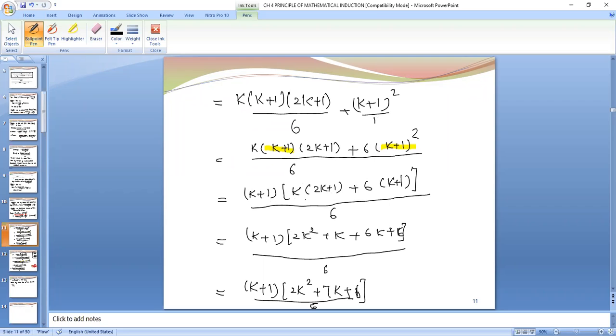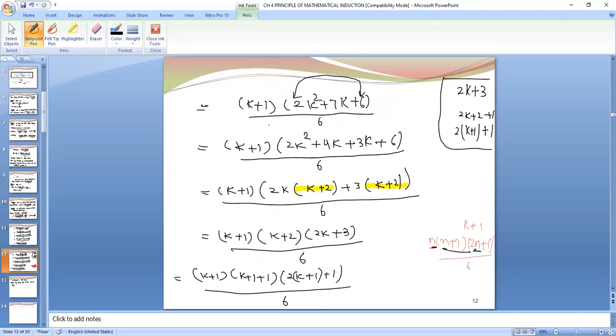So simplify, k plus 1 as it is, 2k into k, 2k square, plus 1 into k, plus 6 into k, 6k plus 6, k plus 1 outside, 2k square plus 6k plus k, 7k plus 6 upon 6. Now we have to solve this 2k square plus 7k plus 6. We will factorize.